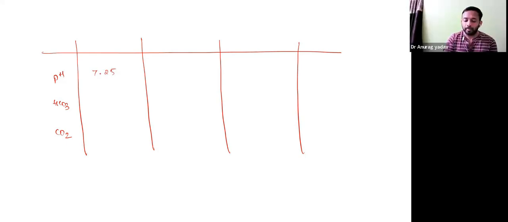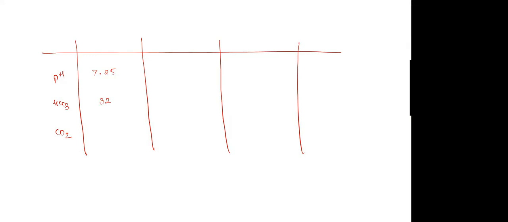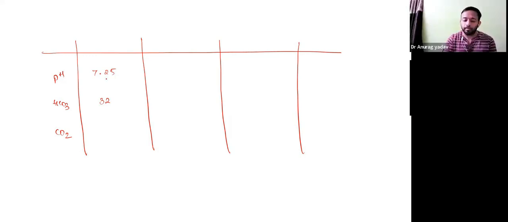Now imagine bicarbonate, which I told you to always see second, is 32. Do you think bicarbonate is causing acidosis? No, because if bicarbonate is high, it should actually be alkalosis. But here it is acidosis. So bicarbonate is not the main reason.